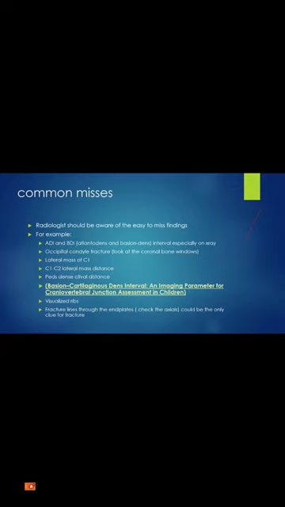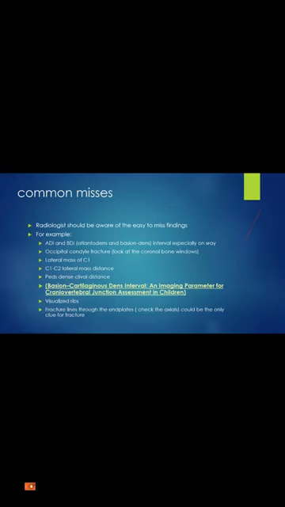We look at the pediatric dens-clival distance. There is an article talking about the basion cartilaginous dens interval, which is important to make sure this distance is not widened, because in the pediatric age group a large part of this is cartilaginous.